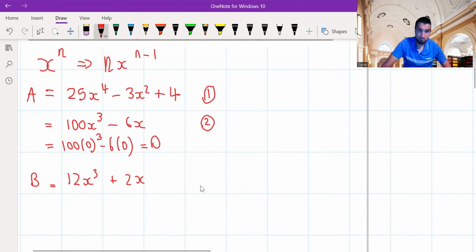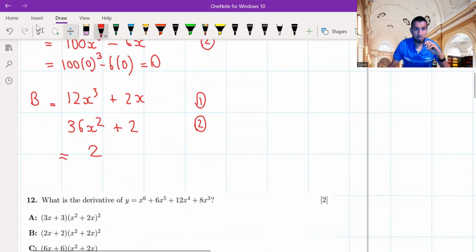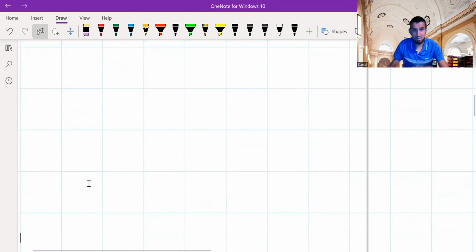And then the second derivative will be 3 times 12, 36, minus 1 from the power, that'll be x squared, and then plus 2. So now it would actually give us a value of 2. Excellent.